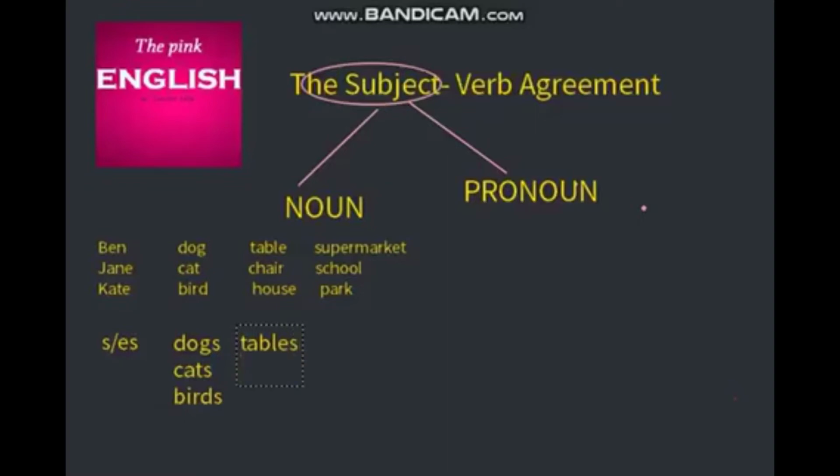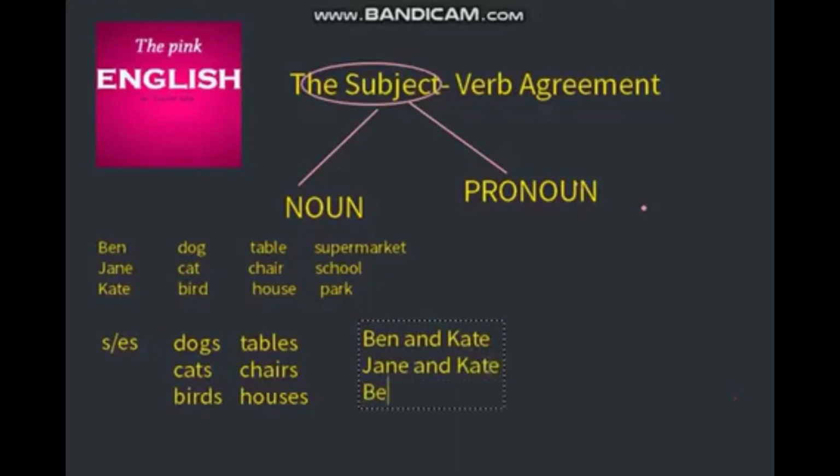Table, tables, chair, chairs, house, houses, and the like. For the names of person, let's just combine them. For example, Ben and Kate, or Jane and Kate, or Ben, Kate, and Jane. As simple as this.